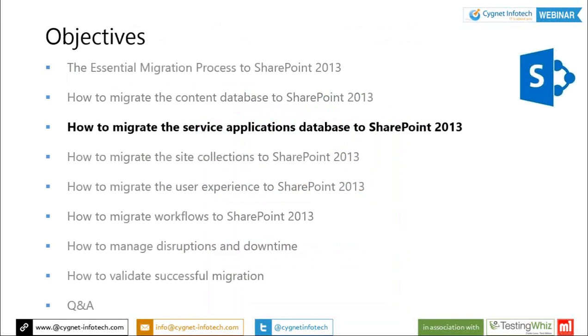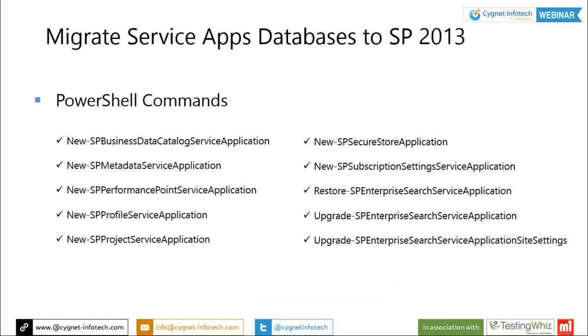Now coming up to the service applications. As mentioned, very limited service applications can be migrated, and we discussed them in the very first topic, so we'd like to only go through the PowerShell commands. We have PowerShell commands for each service respectively.